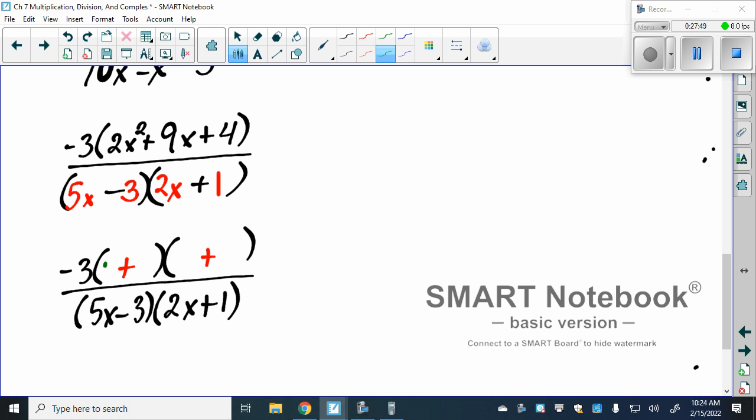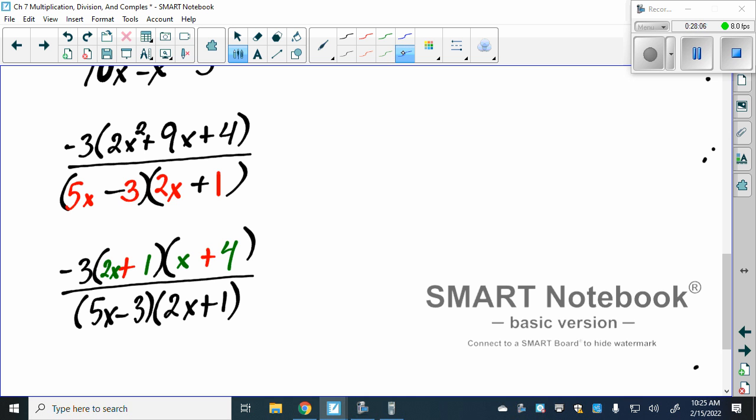Factors of 2x squared are 2x and x. Now the factors of 4 are 1 and 4 or 2 and 2. Which one do we want? 1 and 4, and we want the 1 with the 2x and 4 with the x.